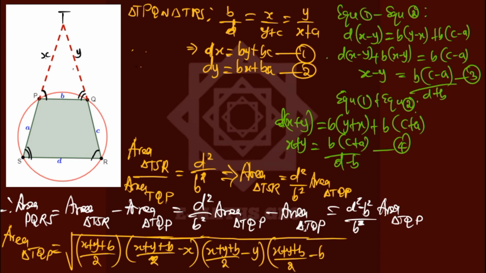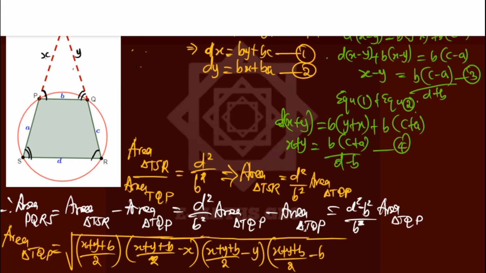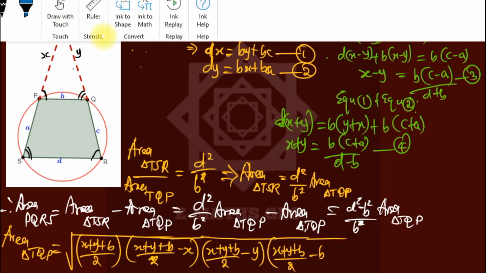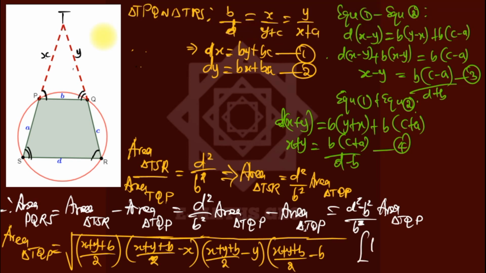So that's what we call Heron's formula. If you remember, it gives the area of a triangle given all 3 sides.